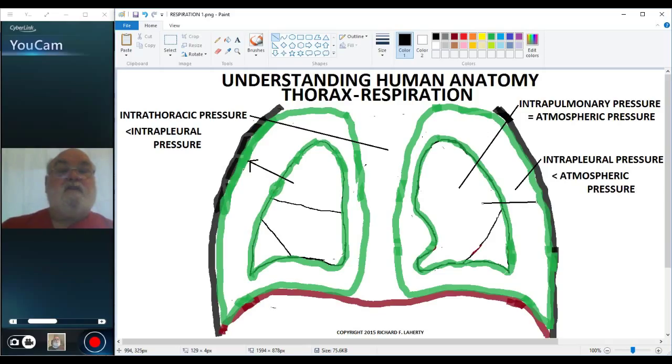So the surface of the lung, specifically the visceral pleura, will get pulled up against the parietal pleura such that any change in the parietal pleura will induce a change in the size of the lung, the volume of the lung.